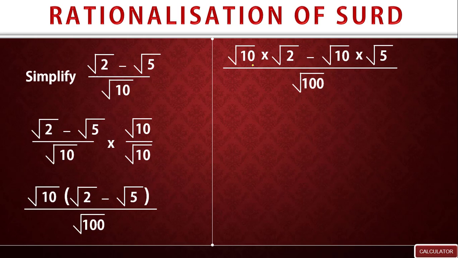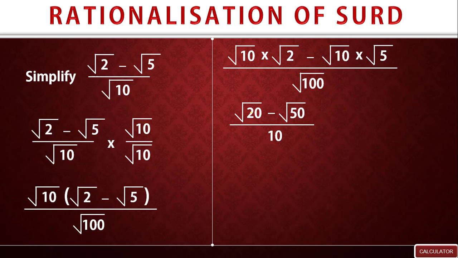Since we have times in between, we can combine them: root 10 times root 2 forms 10 times 2, which gives root 20, minus 10 times 5, which gives root 50. So all over, what is our square root of 100? Our square root of 100 is 10. So we have 10 there.